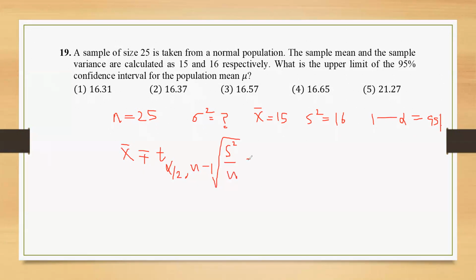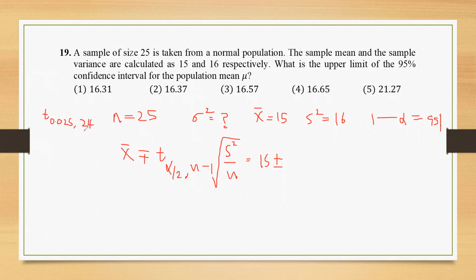Now you can substitute values. x bar is 15 plus or minus the t value, which you need to find from the t table. Here alpha divided by 2 means 0.025, and n minus 1 is 25 minus 1, which is 24.